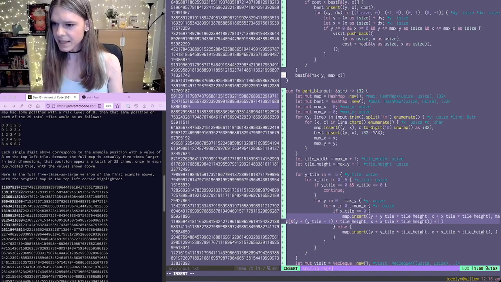Then that is going to be plus 1 modulo 10. Something like that.